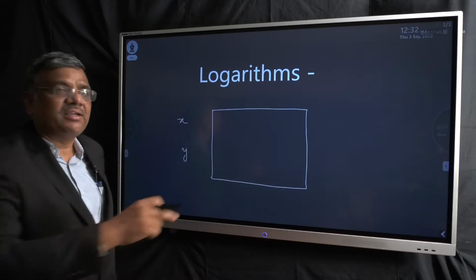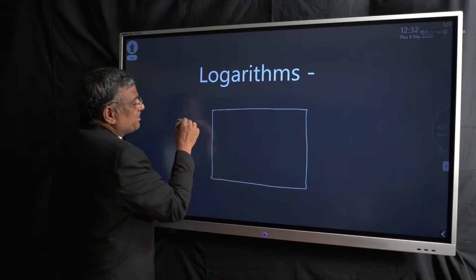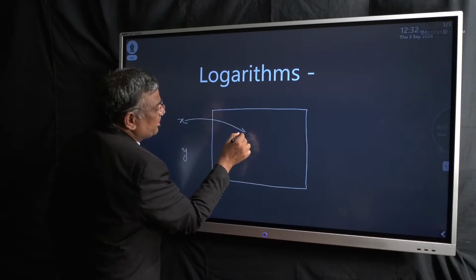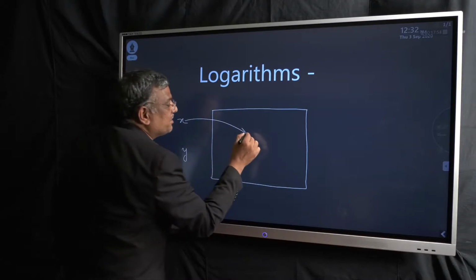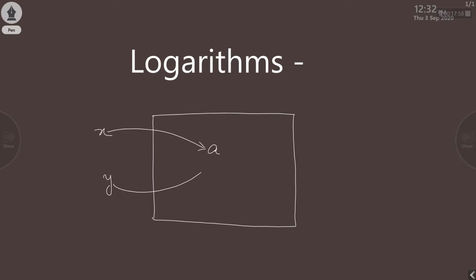What he did is that he developed a machine like this. This x is transformed in this machine as a, and the y is transformed as b. Then inside the machine he calculated a plus b.